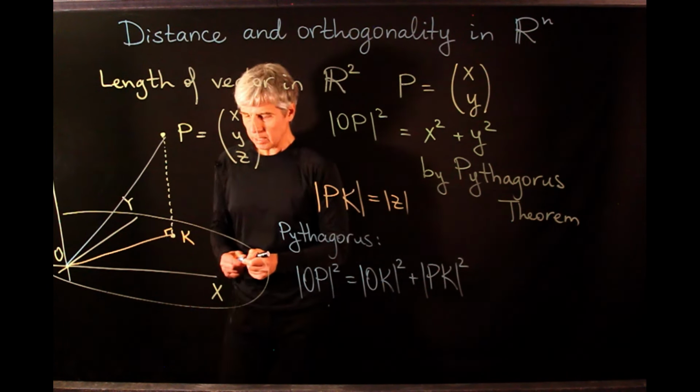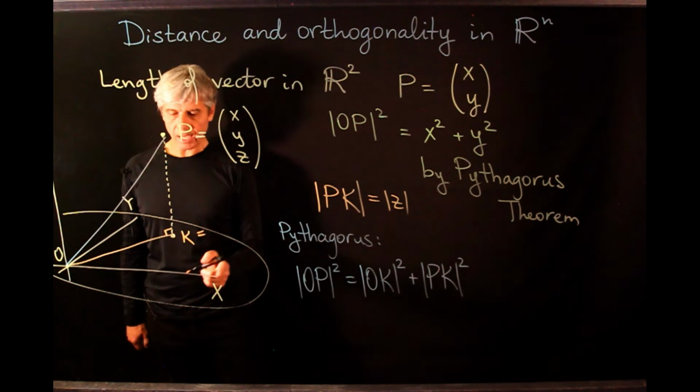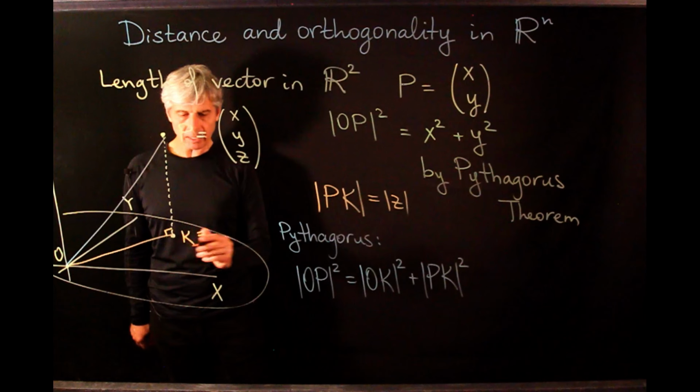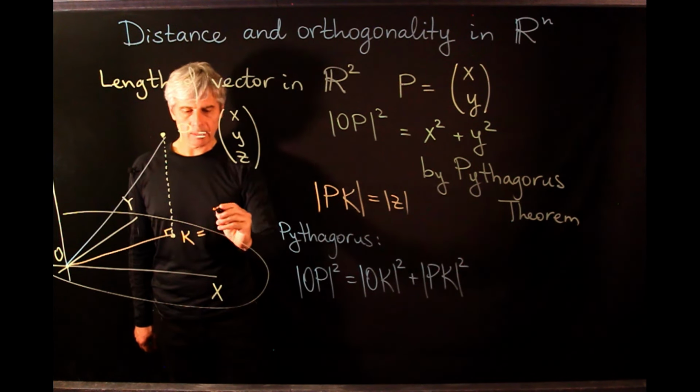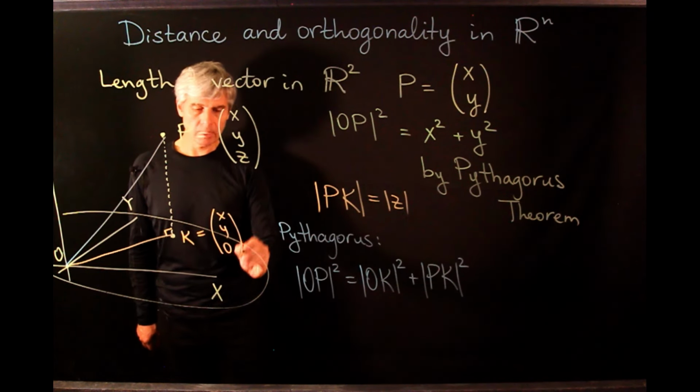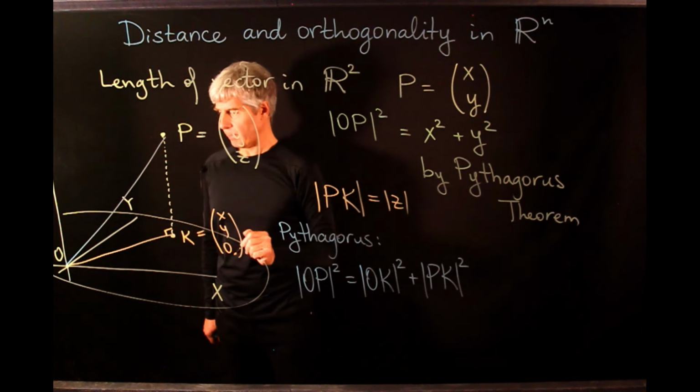Now, what are the coordinates of the point K here? K is a point in the xy plane, so if P had coordinates x, y, z, then K will have coordinates x, y, 0. We drop down in z to 0.